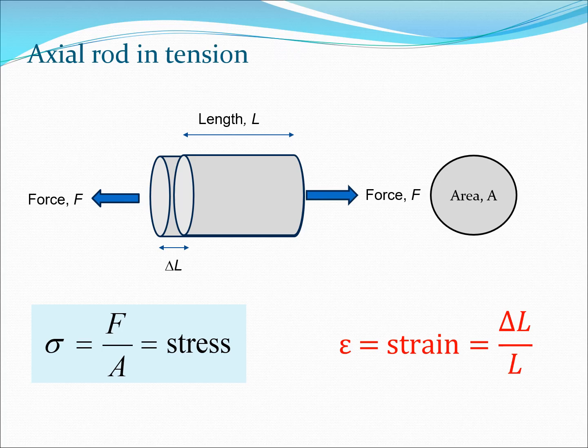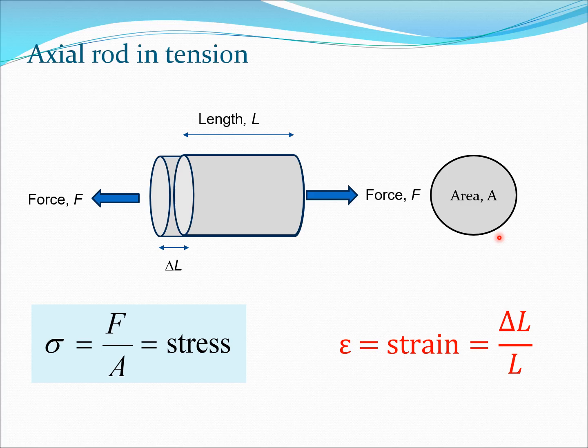Now, if we were to take the same axial rod and put this in tension, the starting length would be L, and then the length would increase by some amount delta L. So here we have an extension type of scenario. In this case, again, the strain epsilon would be delta L by L, that is the extension divided by the starting length, and the stress would be F by A, which is related to the area of cross section, in which case this is a circle here.